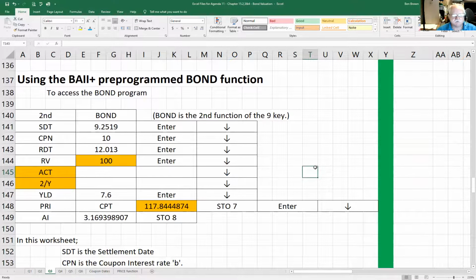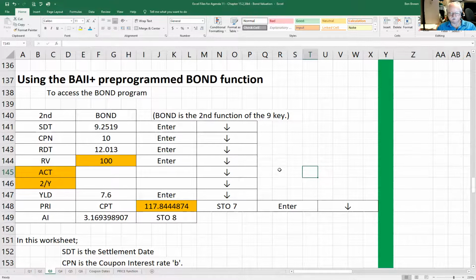Now we're going to take a look at something totally different. This incredibly confusing piece of nonsense that I've put here is using the bond program on your BA2 plus. So if you look at the BA2 plus, and we'll go over and look at it in a minute, what you'll see is the bond is the second function of the 9 key.